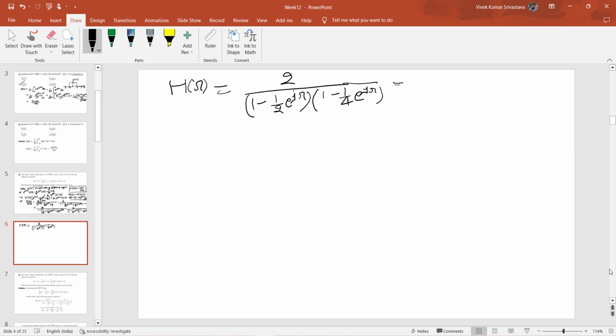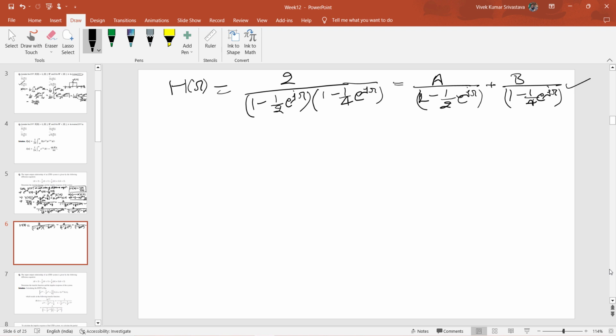Now we can write this transfer function as A over 1 minus 1 by 2 e raised to the power minus j omega plus B over 1 minus 1 by 4 e raised to the power minus j omega. These are the 2 roots. So now we can use the concept of partial fractions to determine the coefficients A and B.